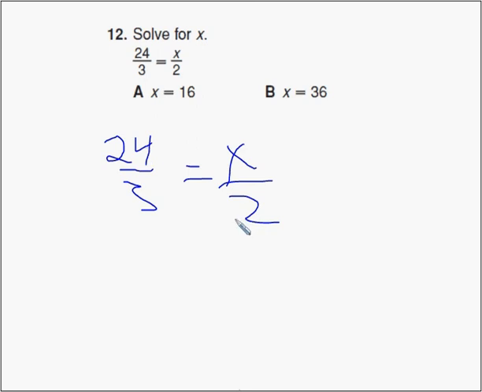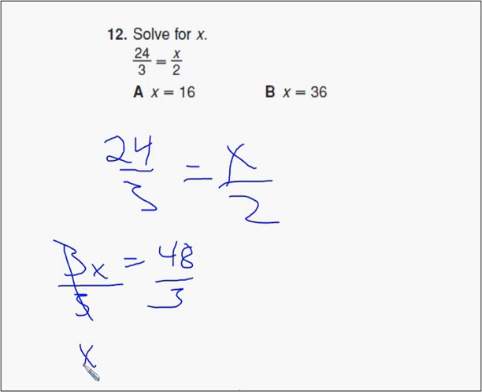Just cross multiply. 3x equals 24 times 2, which is 48. I have to isolate the x. 3 times x is 48. So divide this side by 3 and divide this side by 3. This 3 divided by 3 is 1x. I don't need to write the 1 here, but I could if I wanted to.